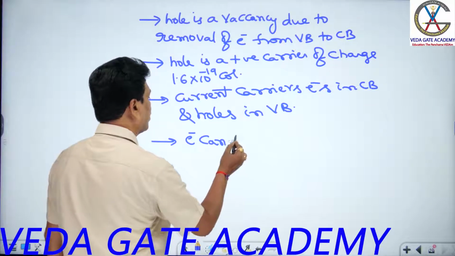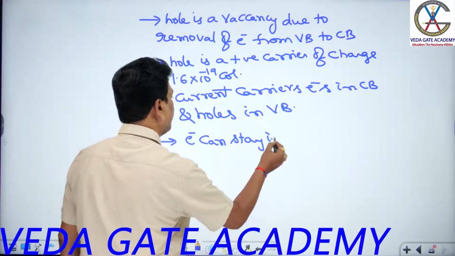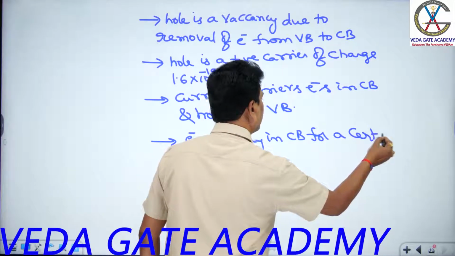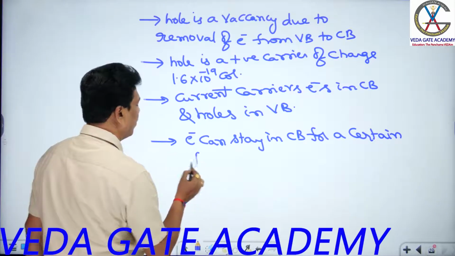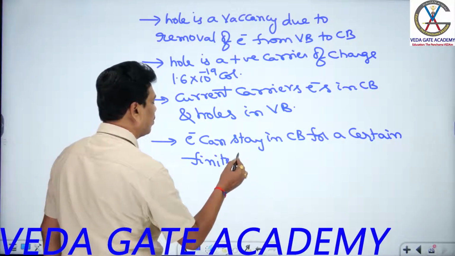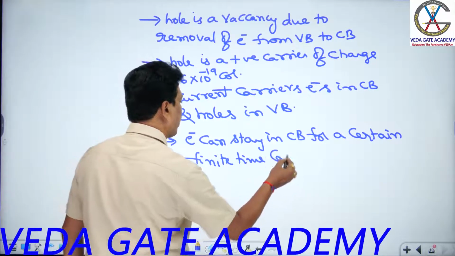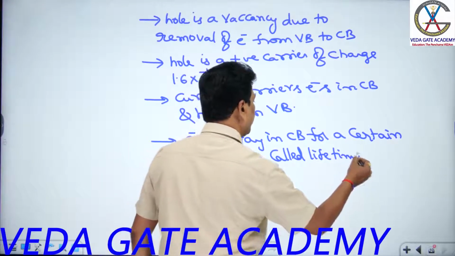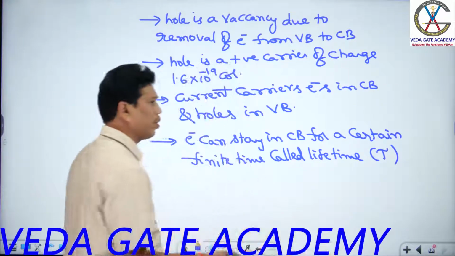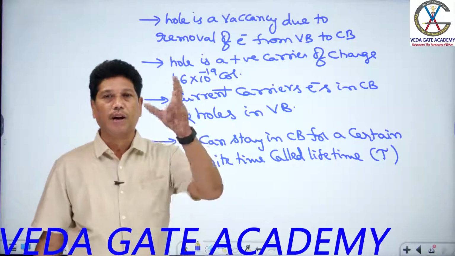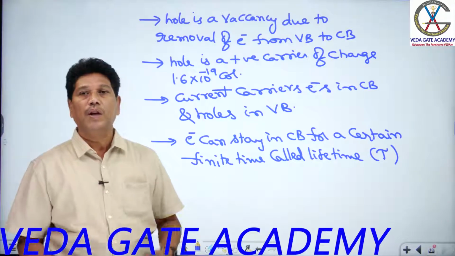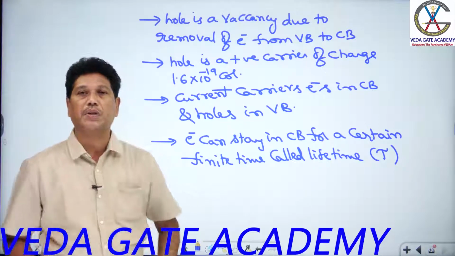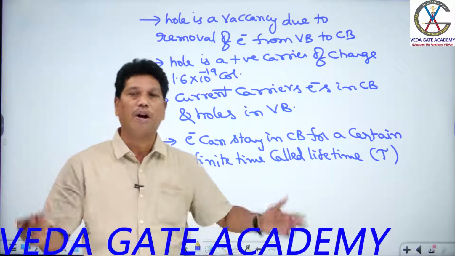See this now. An electron can stay in the conduction band for a certain finite time called lifetime, students. That lifetime is not a fixed one. It looks like our human lifespan. Can you fix your lifespan? Commonly you say the average human lifespan is 60 years. Can you say each and every person can stay on this earth for exactly 60 years? Not like that, you say an average.